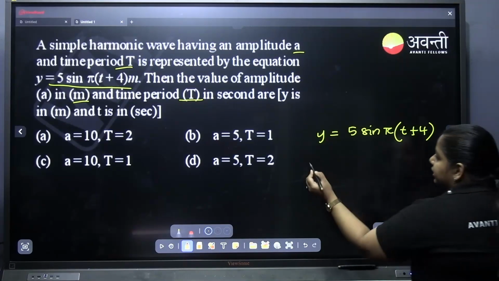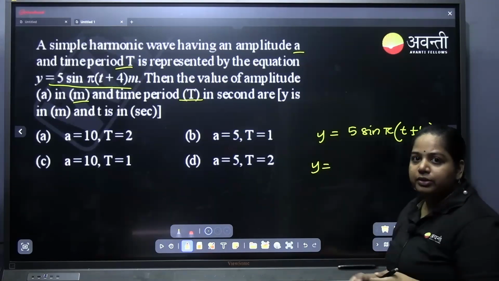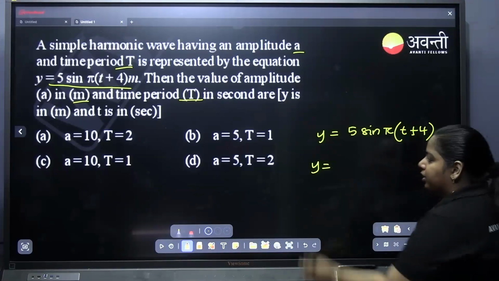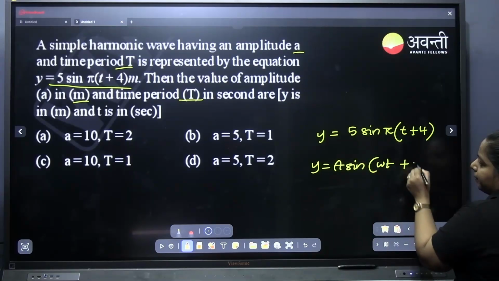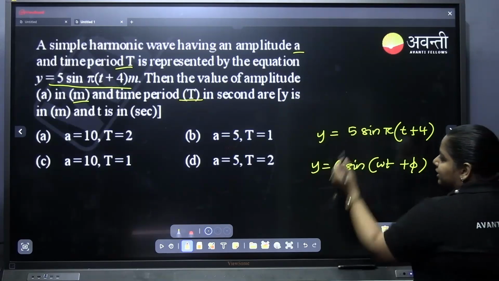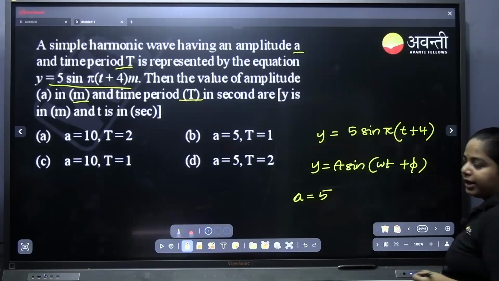Our general equation, we can write x equal to or y equal to, it doesn't matter: y equal to a sin omega t plus phi. This is our general equation. On comparison we get amplitude equal to 5, right?